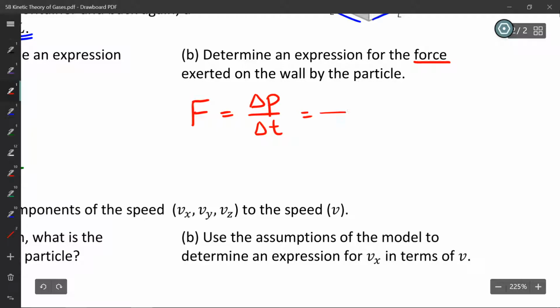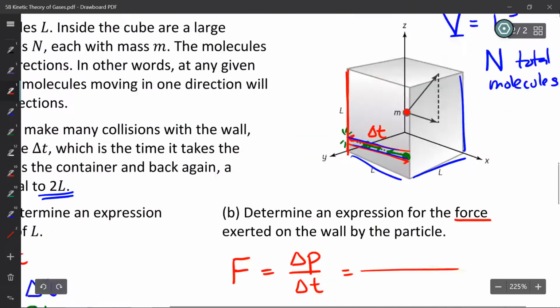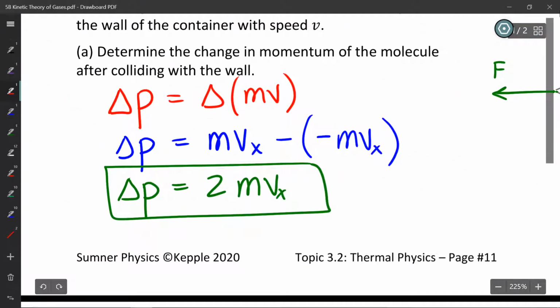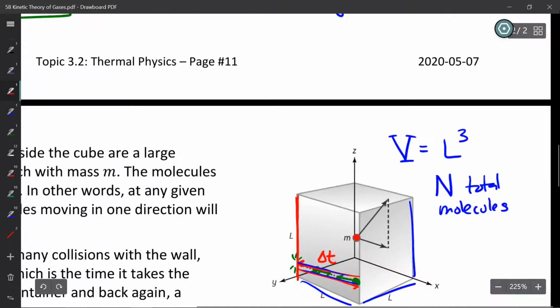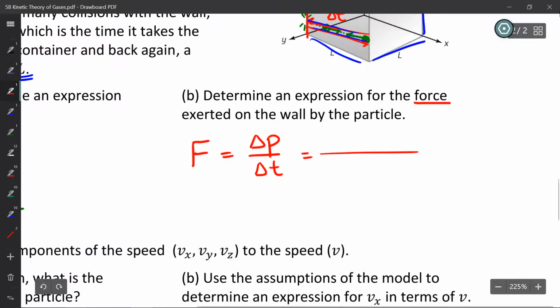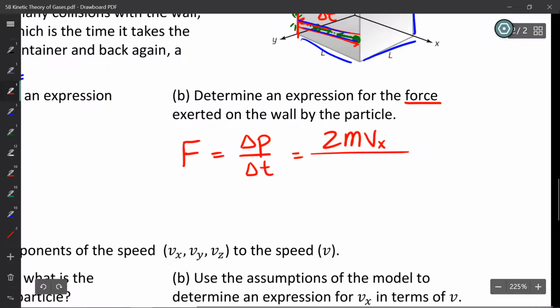We know what the change in momentum is when it hits the wall. We did it up here: the change in momentum is 2m vx. So I can substitute 2m vx into the top, and the change in time was 2L over vx.